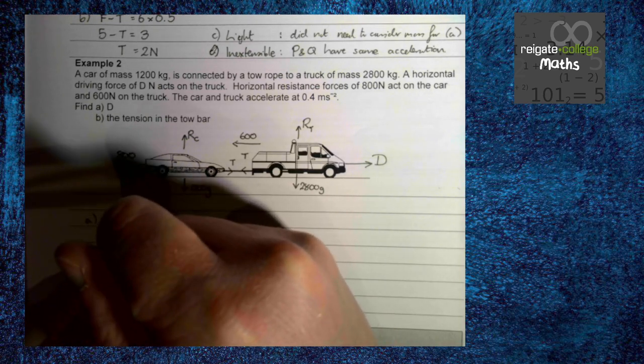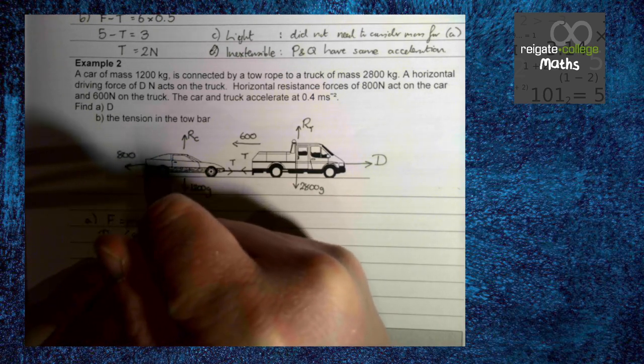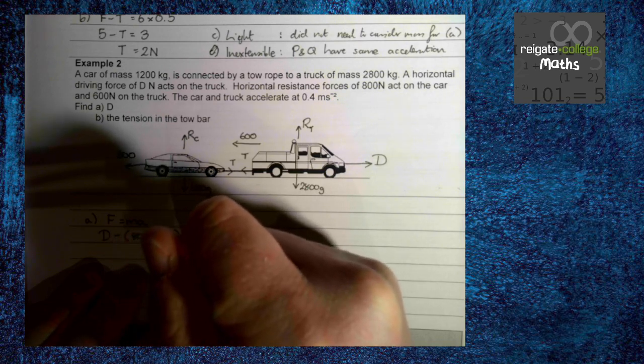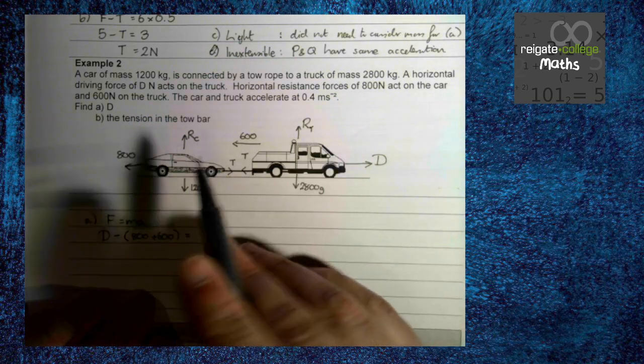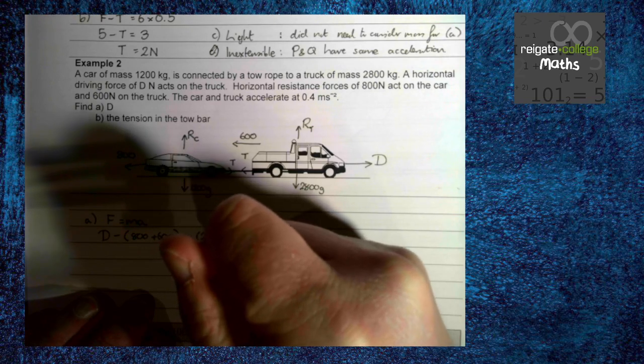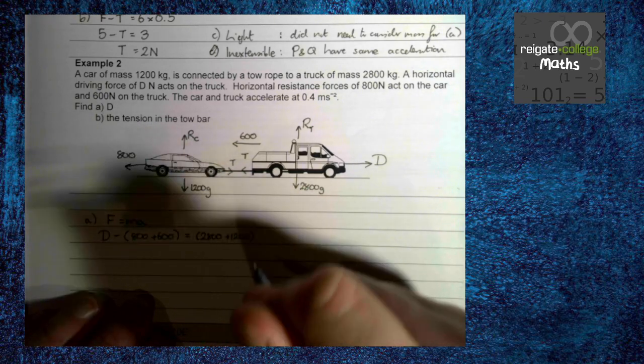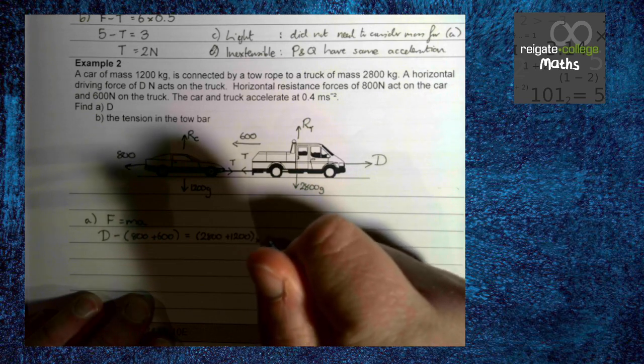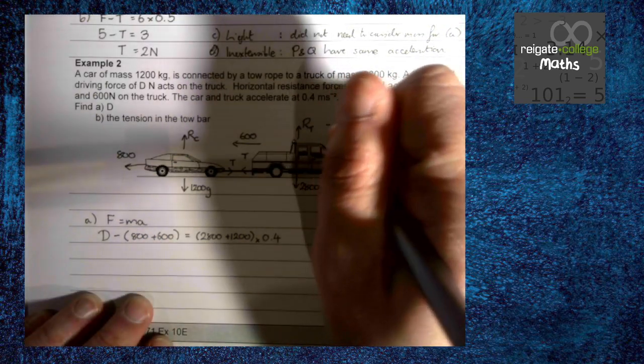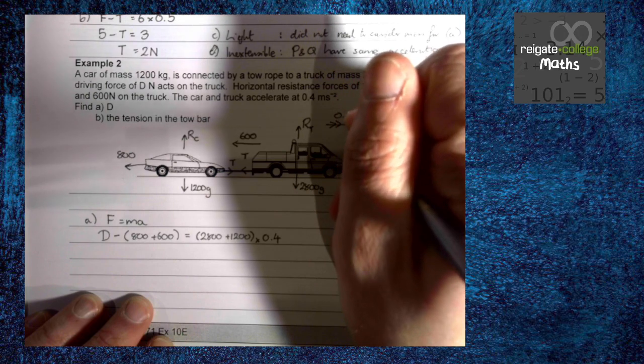So D minus 800 plus 600. And that's going to equal the total mass times the acceleration, which is 0.4, which I forgot to put on the diagram. There we go.